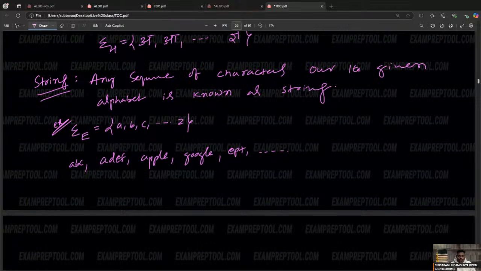So I hope until now everyone is comfortable. Any sequence of characters over the given alphabet you take is known as a string. Sigma E, ABC, ADEF, Apple, Google, EPT, and so on. Is it okay? Can we move further?